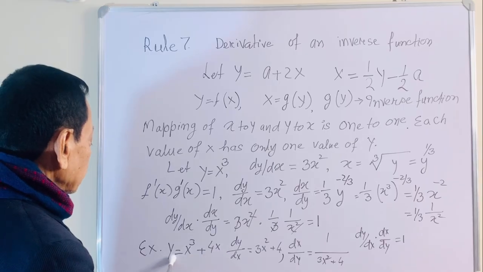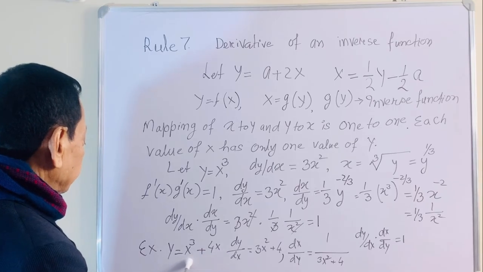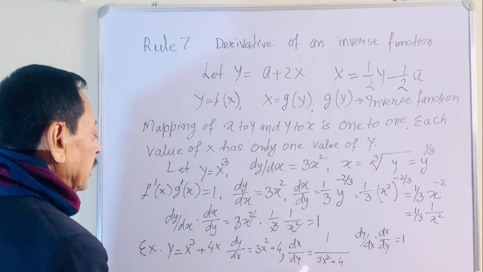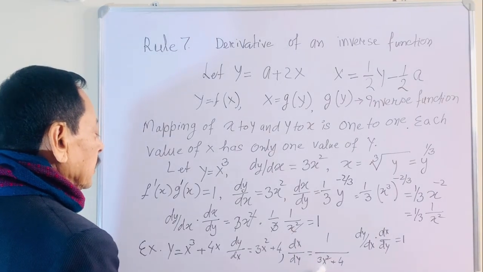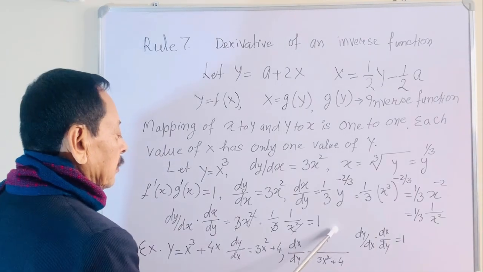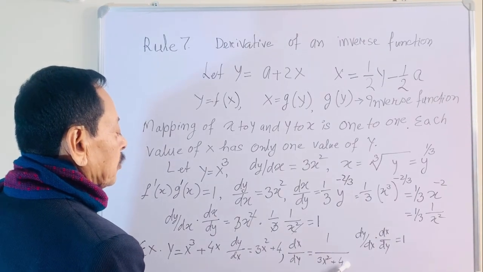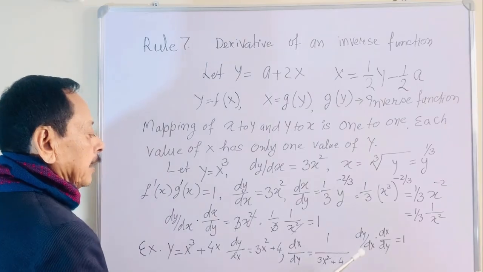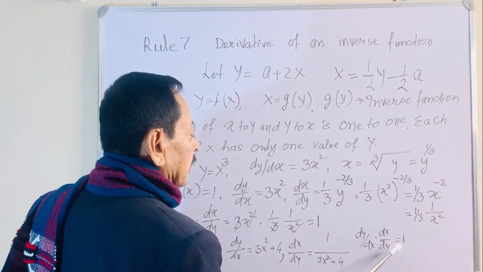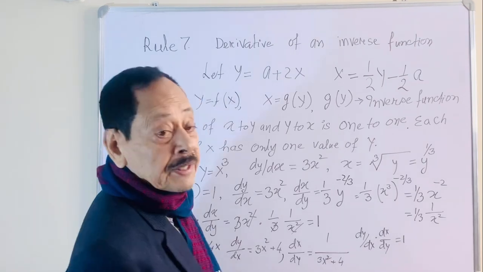Now this is a special type of function, where dx by dy is simply 1 by the inverse of this, that means the reciprocal of this, 1 by 3x squared plus 4. And dy by dx into dx by dy is equal to 1.